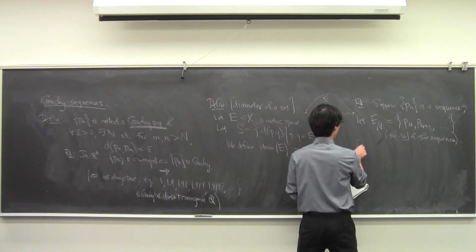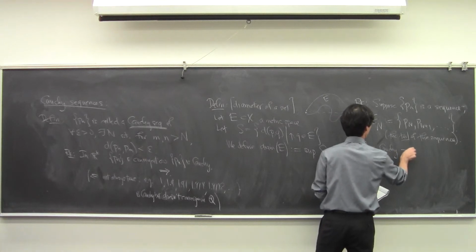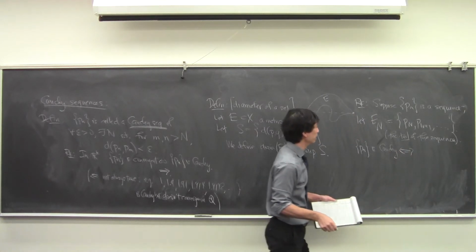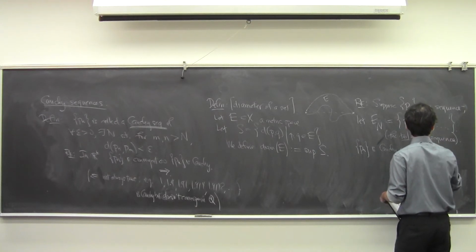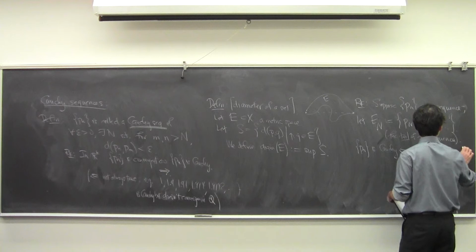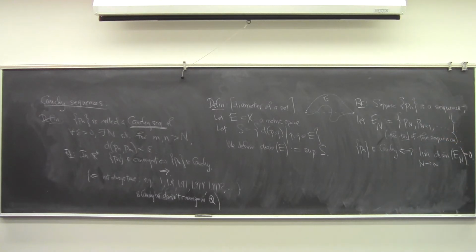Then P sub n is Cauchy is equivalent to saying that the limit of the diameter of the tails as n goes to infinity is 0. It's exactly the statement.